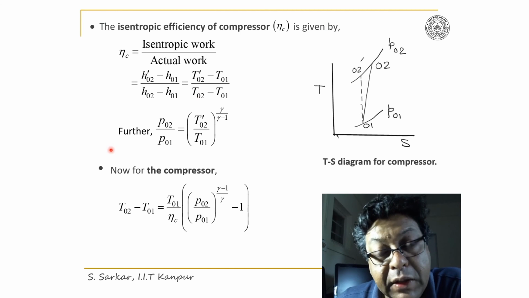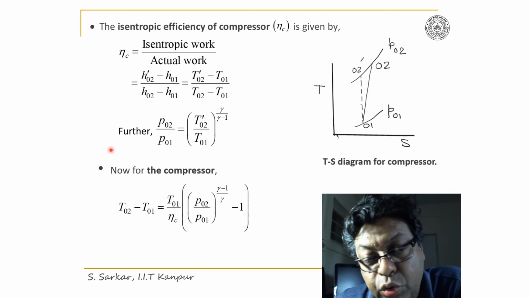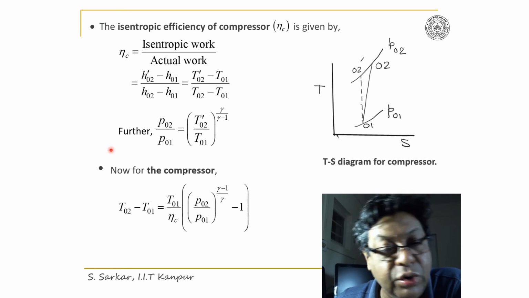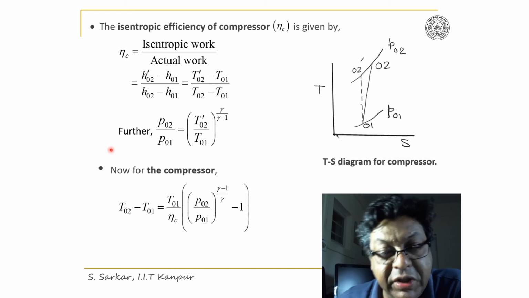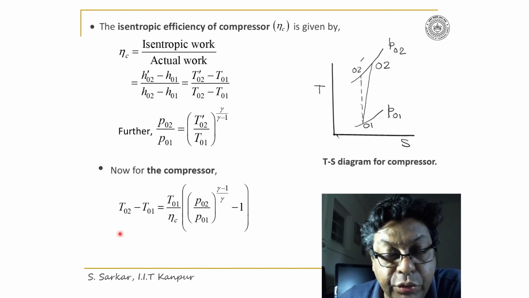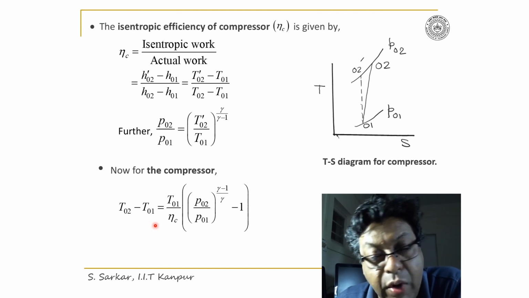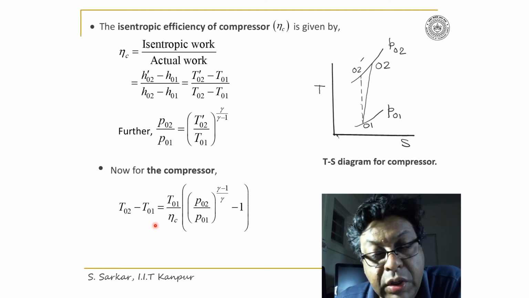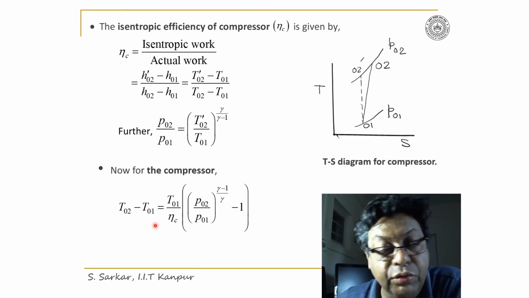Furthermore, the pressure ratio can be related as P02 divided by P01 is equal to T02 dash by T01 to the power gamma by gamma minus 1. Now for the compressor, I can write T02 minus T01 is equal to T01 divided by eta C within the bracket P02 by P01 to the power gamma minus 1 by gamma, minus 1.